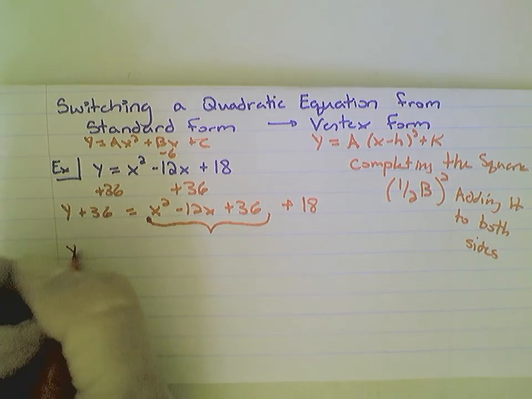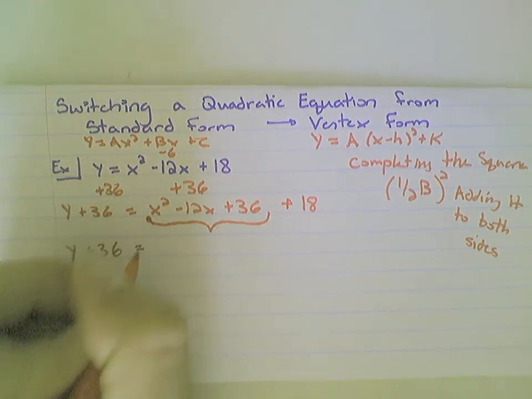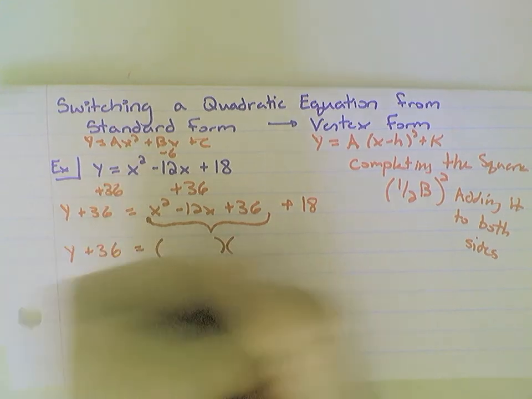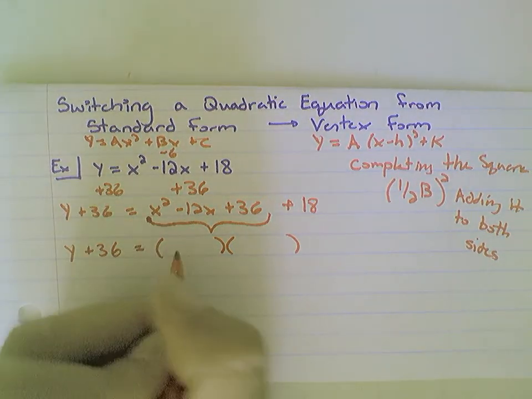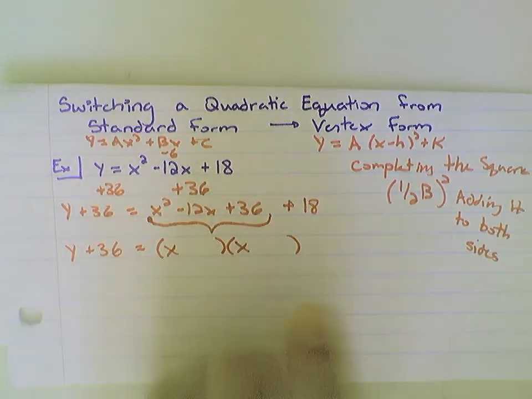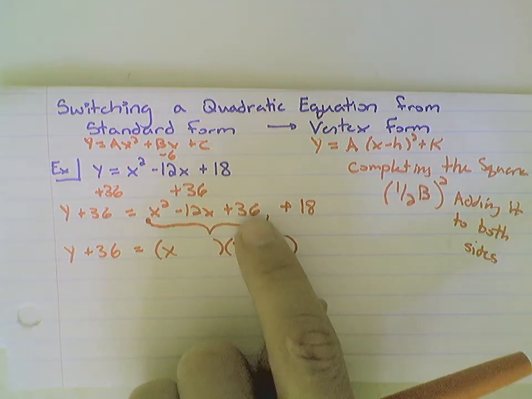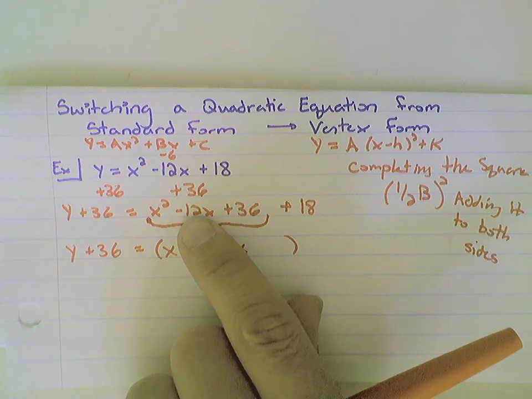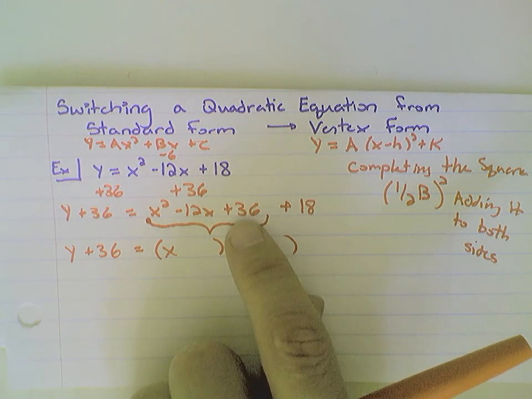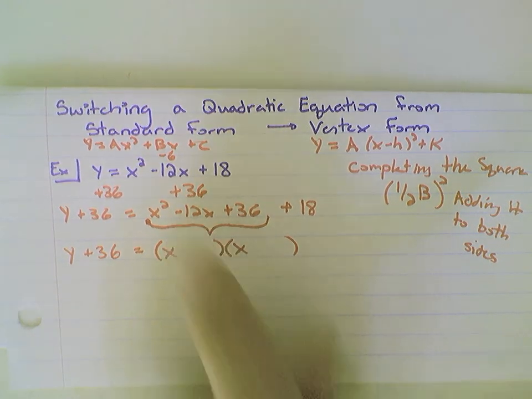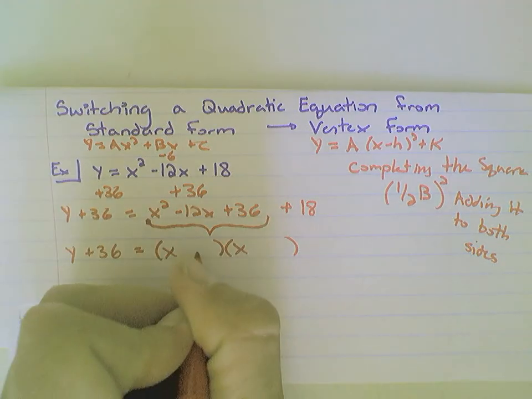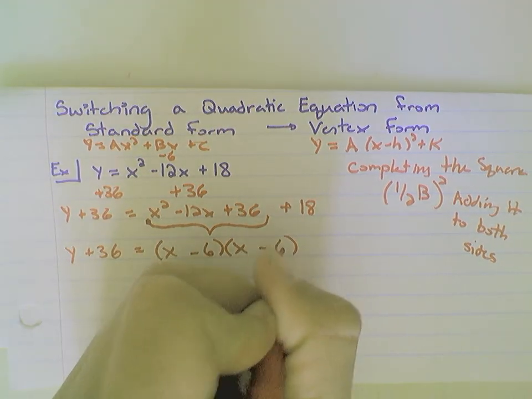So y plus 36 equals, and I should be able to factor these three. Notice that x times x will give me the x squared term. And then if I think about 36 and negative 12, what multiplies to 36 and adds to negative 12? In this case, it's just going to be negative 6 times negative 6.